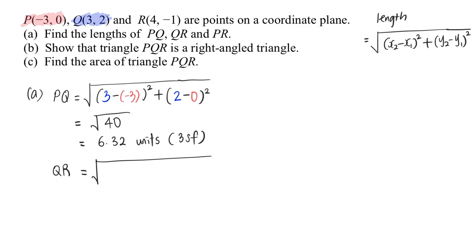We shall continue for QR. Again, I'm going to color code R as green color, and you will then see my working. I will have (4 minus 3) squared plus (negative 1 minus 2) squared.